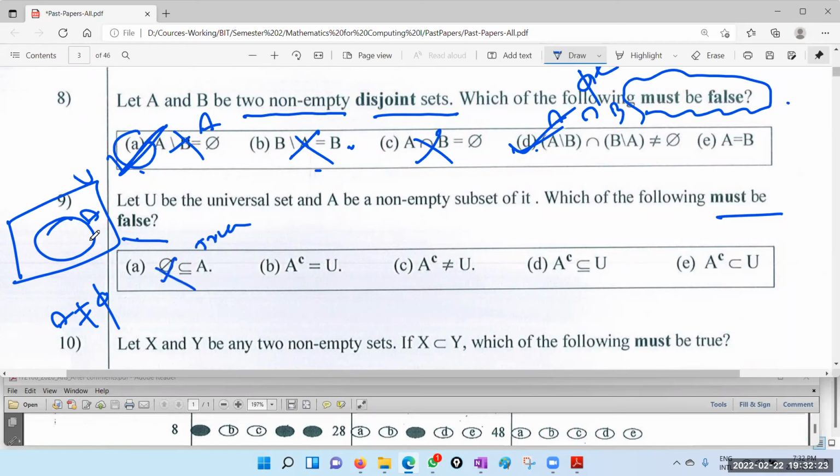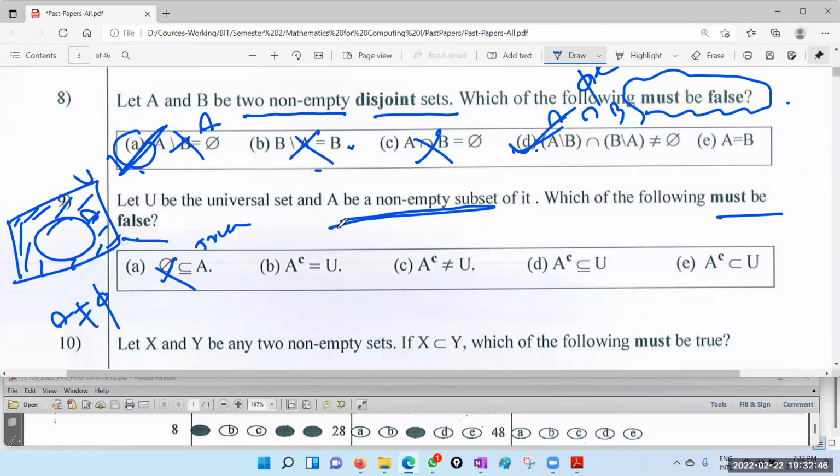A complement, and they say A is a non-empty set. So it says A complement is U. No, A complement is U minus A. And they say A is non-empty.